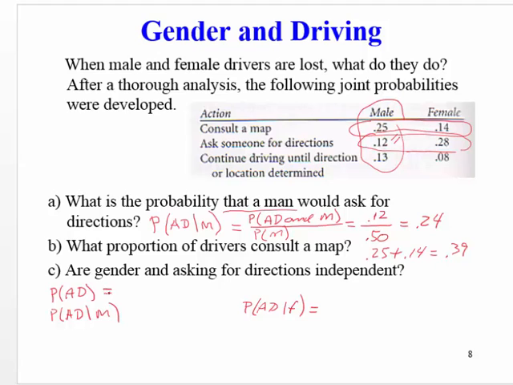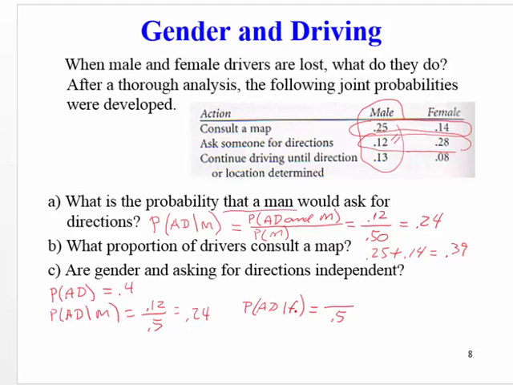The probability of asking for directions, we already have, we just add up these two, so that's 0.4. The probability of asking for directions given that you're male is the intersection, 0.12 over 0.5, so that's equal to 0.24. Already it's not equal, so we know it's dependent, but we'll continue.